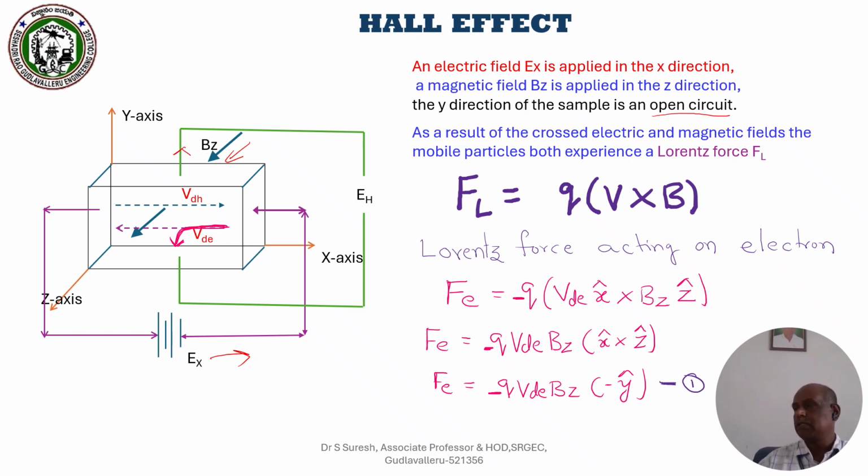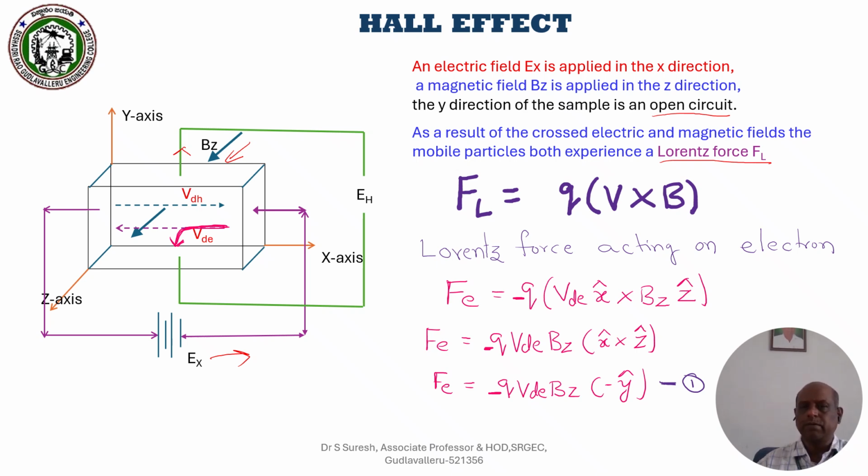You know that current passes only in a closed circuit, so there should be no current flow along the y direction. But as a result of the crossed electric and magnetic fields, particles, both electrons and holes, experience a Lorentz force FL.